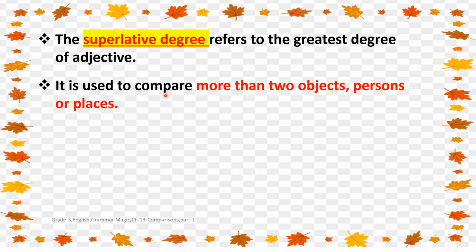The superlative degree is the greatest degree among the other degrees, like positive degree and comparative degree. So when we are talking about adjectives, the superlative degree is the greatest among all other degrees.